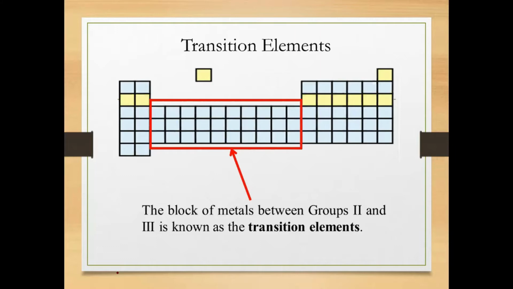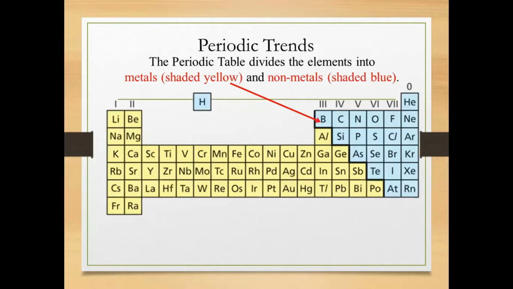Now, the central part of the periodic table, which is between group number 2 and group number 3, is termed as transition elements. Remember this.